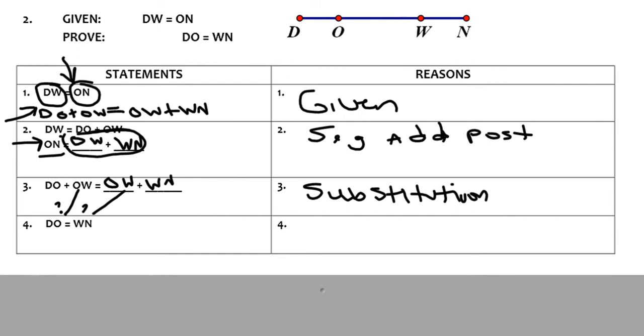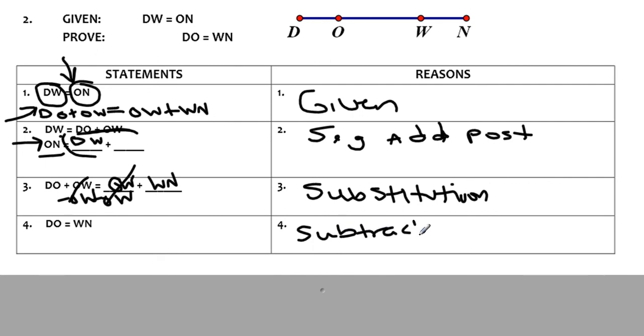Well, how do you get rid of something on both sides of the equation? So with OW plus WN, I'm going to subtract OW on both sides of my equation, and I'll be left with DO equals WN, and that's my subtraction property of equality.